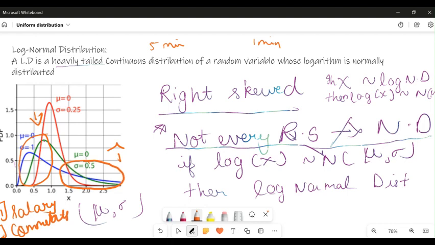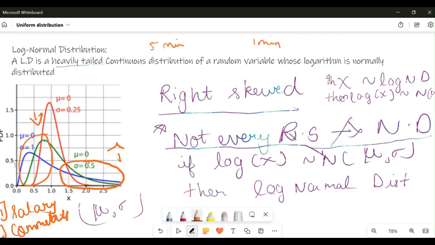This is another example of the log normal distribution. The log normal distribution is heavily used, and a lot of data actually follows it.